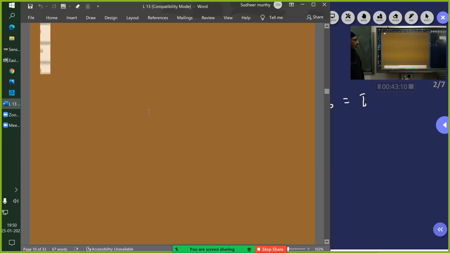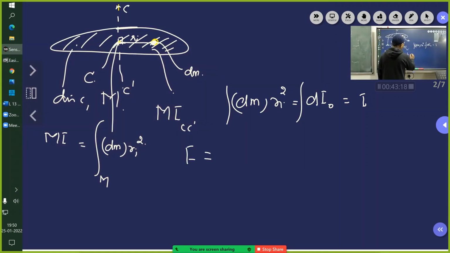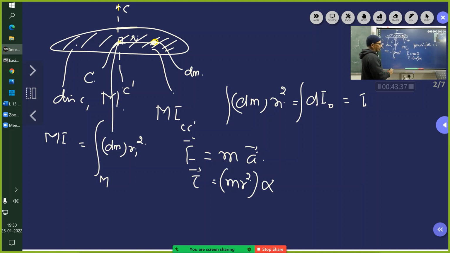We used to write Newton's second law as F is equal to m into a, F bar is equal to m a bar. Now here, instead of m we have got m R square, and instead of a we have got alpha, and instead of F bar we have got tau. So this is in consonance with Newton's second law.